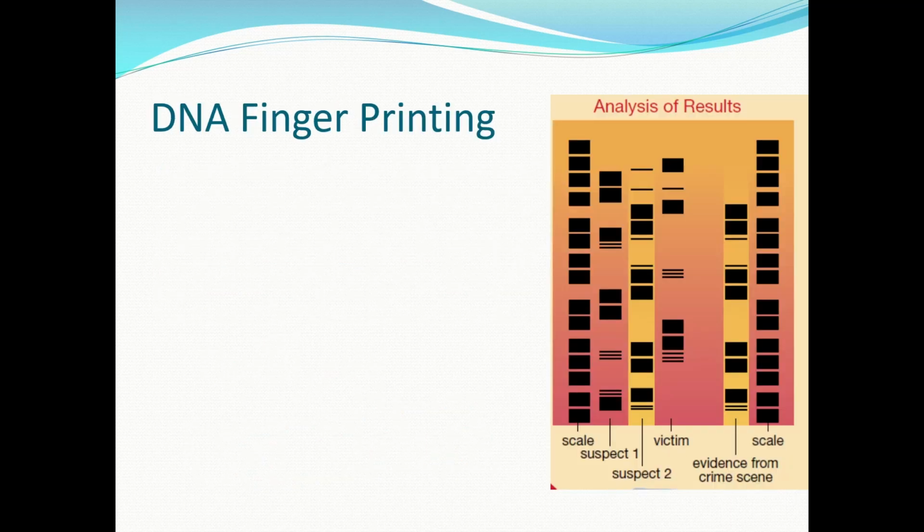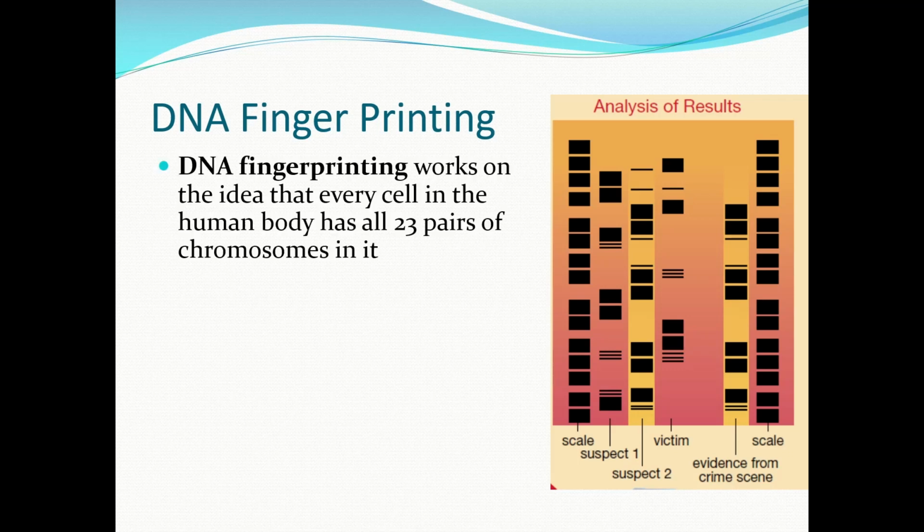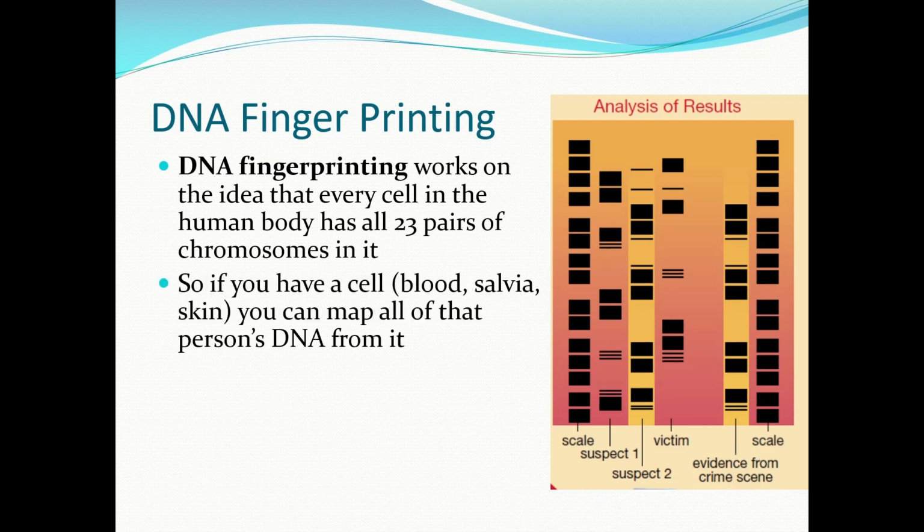So let's talk about different technologies. DNA fingerprinting works on the idea that every cell in the human body has 23 pairs of chromosomes. So if you find a cell at a crime scene, blood, saliva, skin, hair, you can map that person's DNA from it.